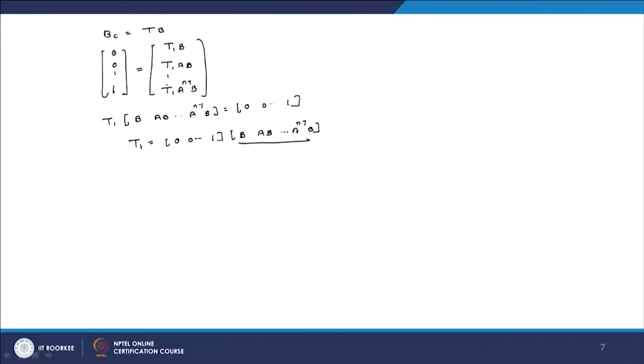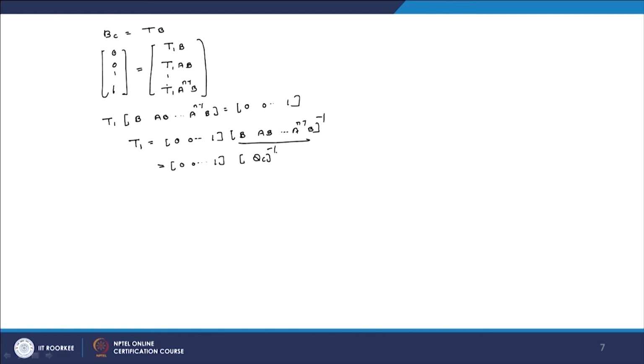This particular part is the controllability matrix, so T1 depends upon the inverse of the controllability matrix. If the system is not controllable, T1 cannot exist, and this is QC.